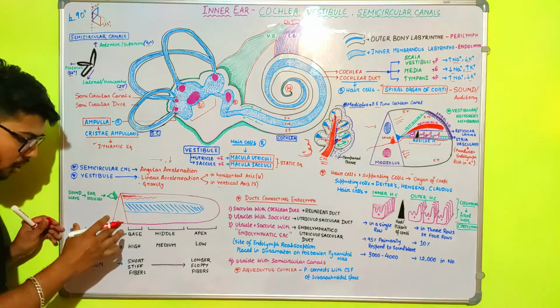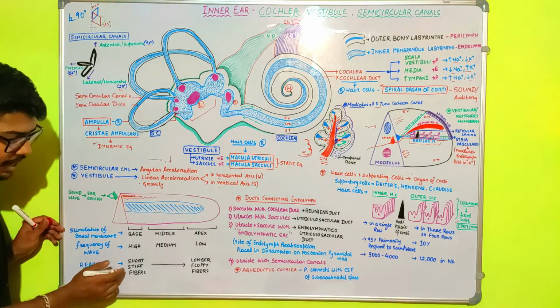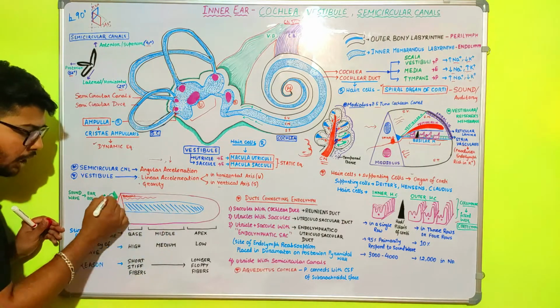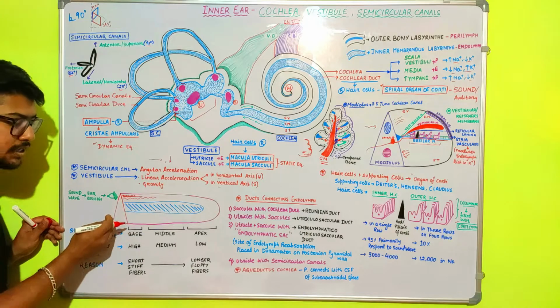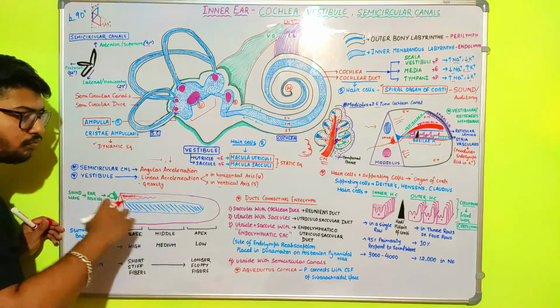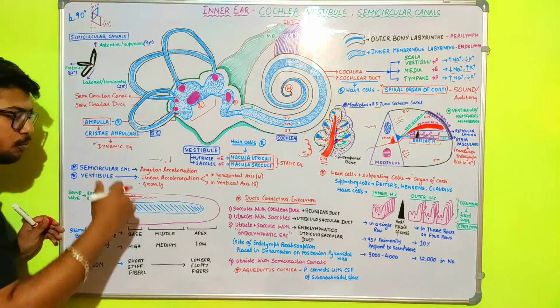This occurs because short stiff fibers are present more proximal towards the modiolus, whereas the property changes as it moves further in the apical direction.